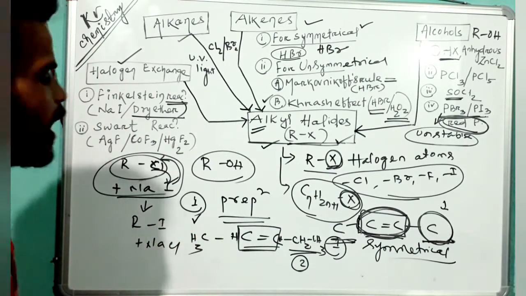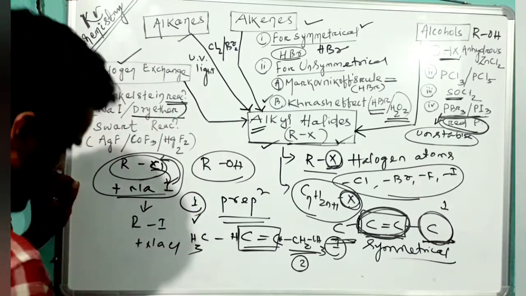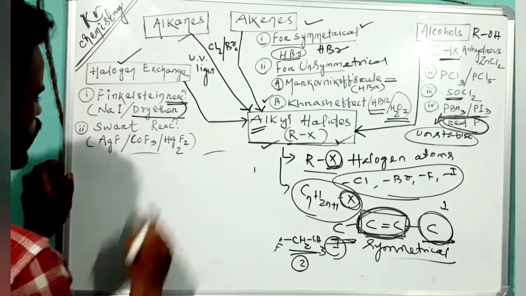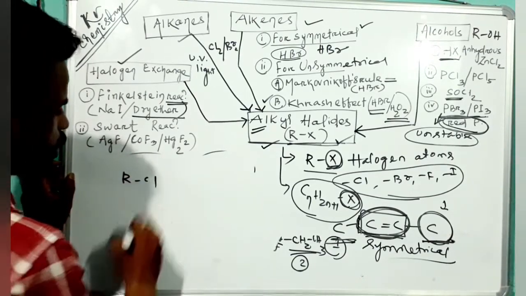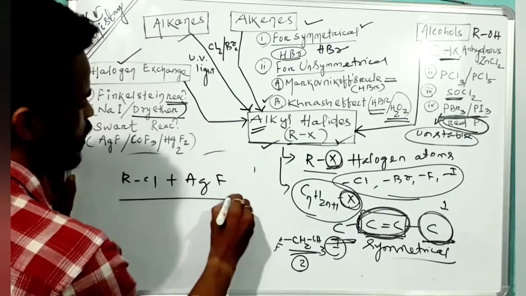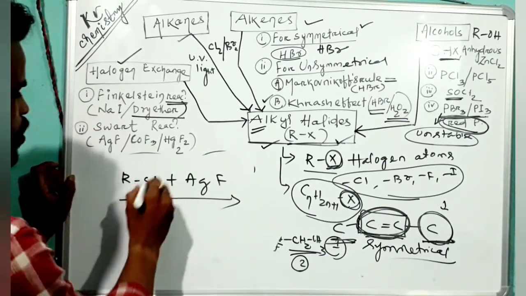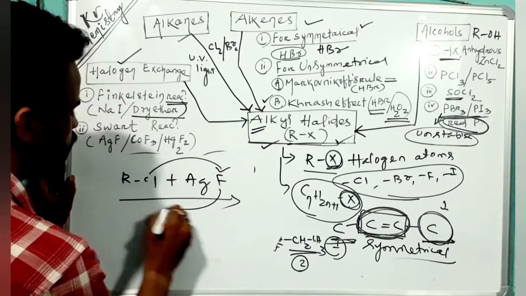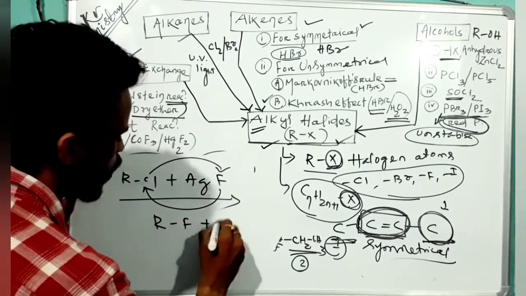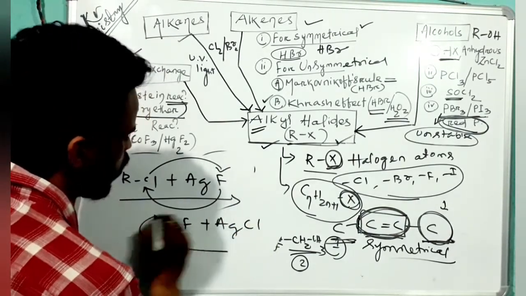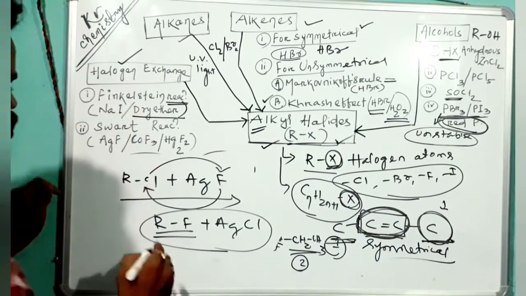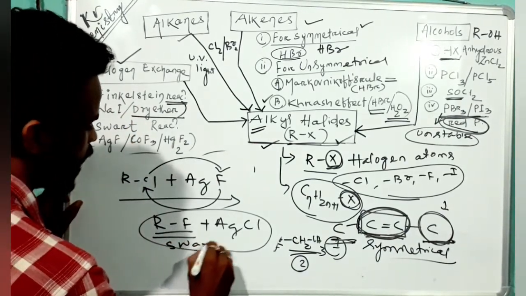If we take an example, that is alkyl chloride plus silver fluoride, here the chlorine atom is exchanged by a fluorine atom, and it forms alkyl fluoride plus silver chloride. This is the alkyl halide group. This reaction is known as Swarts reaction.